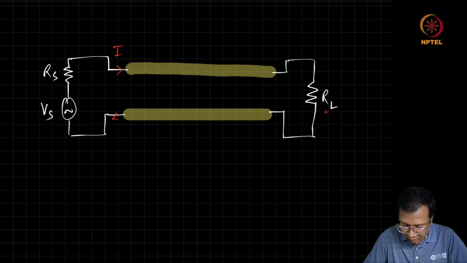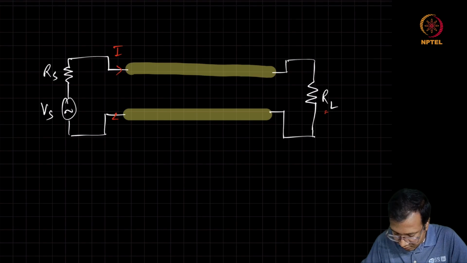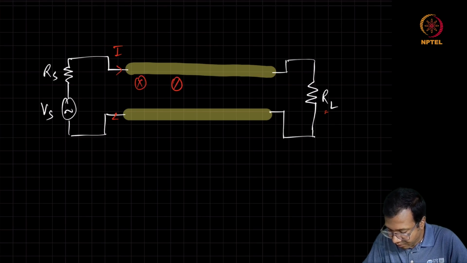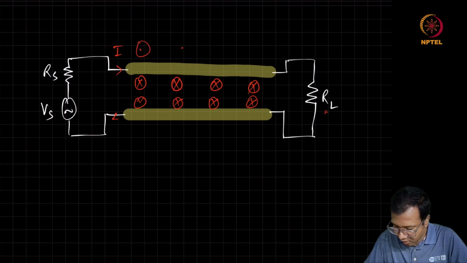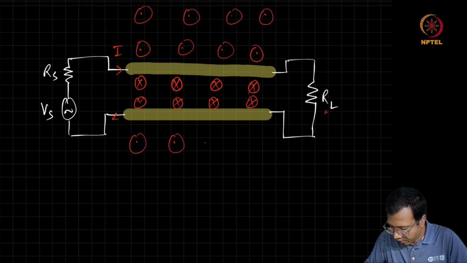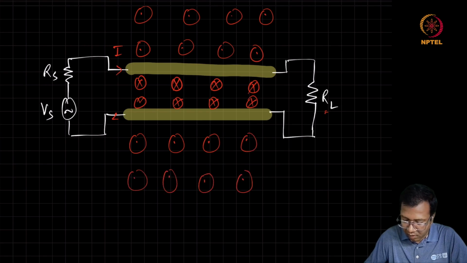Just because there is going to be current flow in the circuit, we can very easily appreciate that there will be a magnetic field, and this magnetic field can be represented with the help of these arrows which are entering and coming out of the plane of the paper.